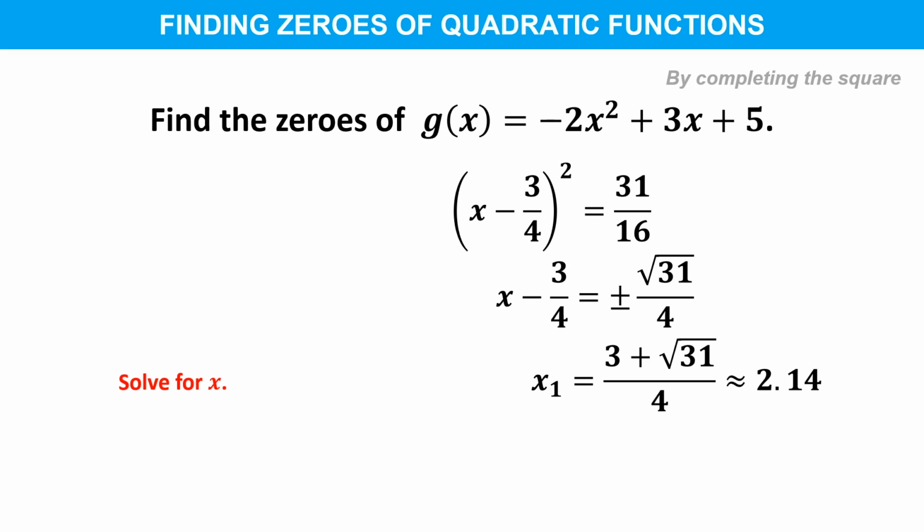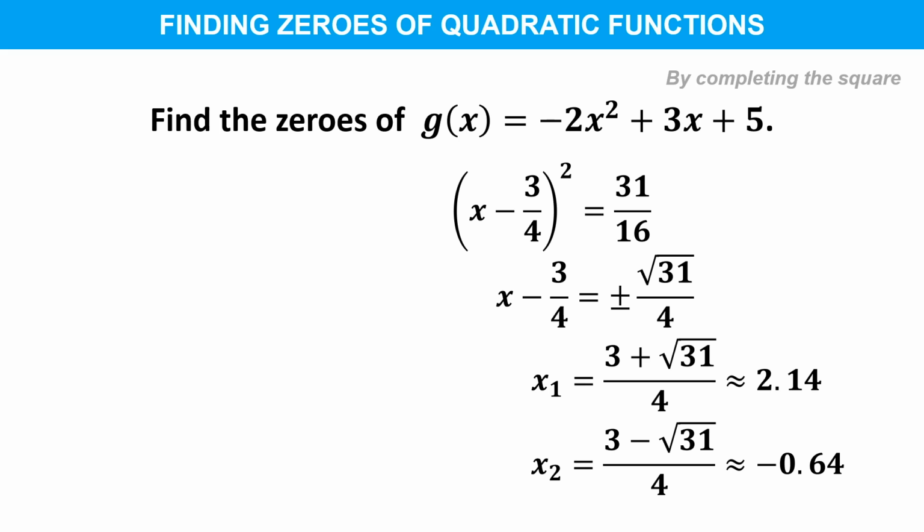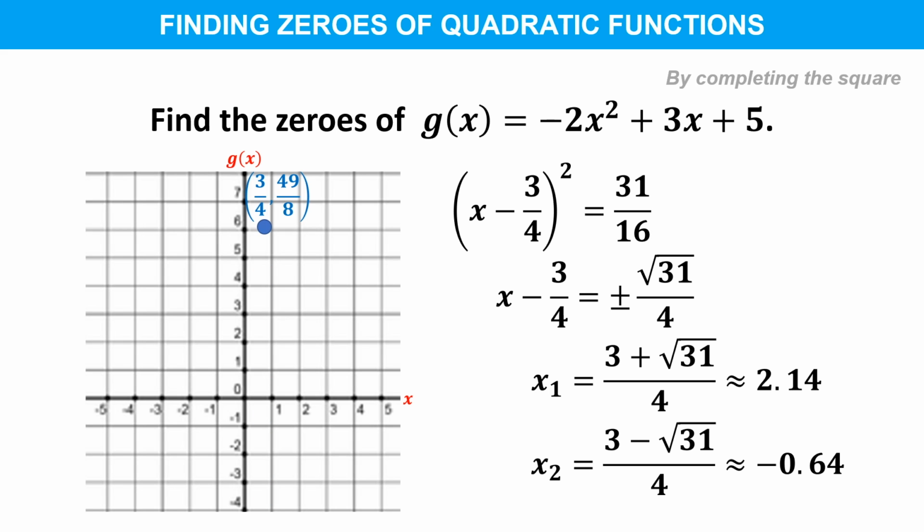Therefore, the zeros of the function g of x is equal to negative 2x squared plus 3x plus 5 are 3 plus square root of 31 over 4, which is approximately equal to 2.14, and 3 minus square root of 31 over 4, which is approximately equal to negative 0.64. Here is how g of x looks graphically.